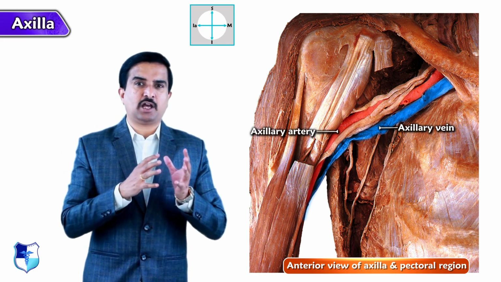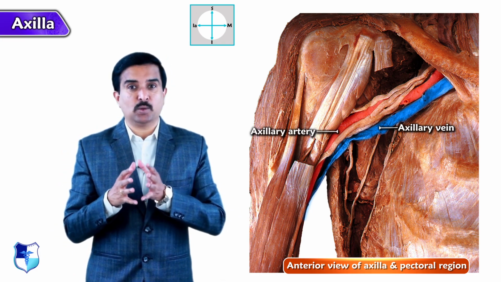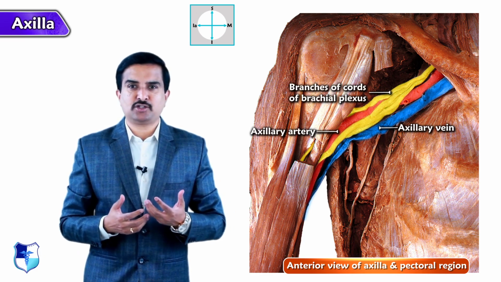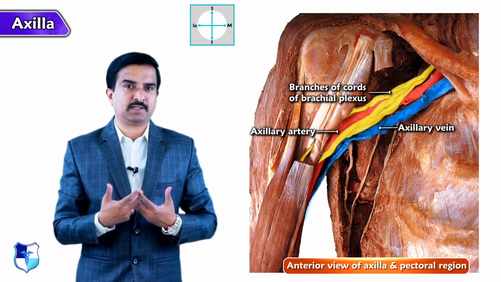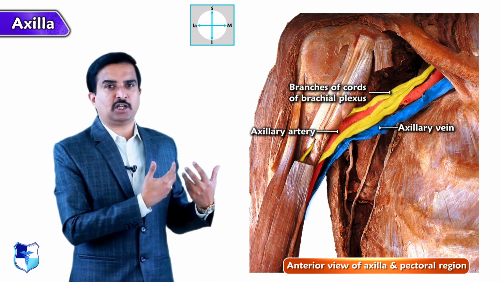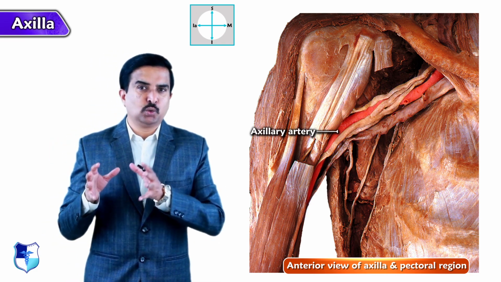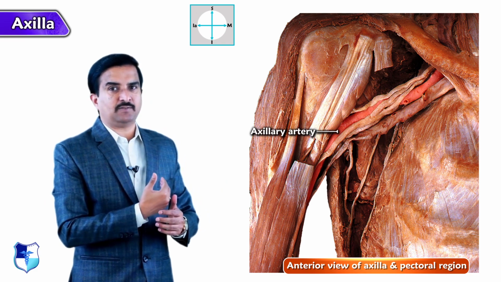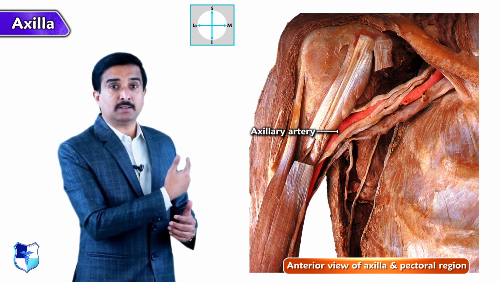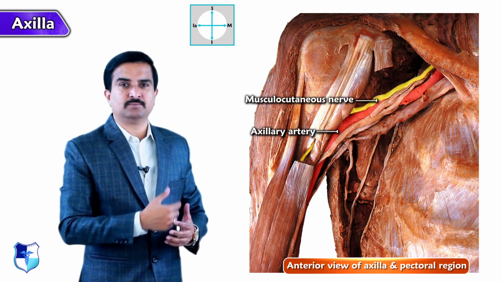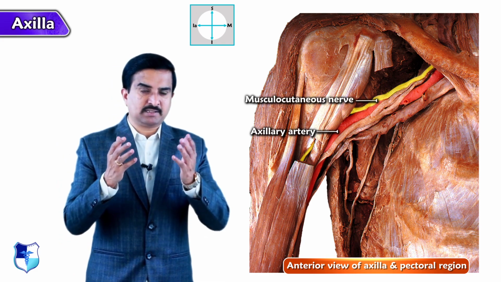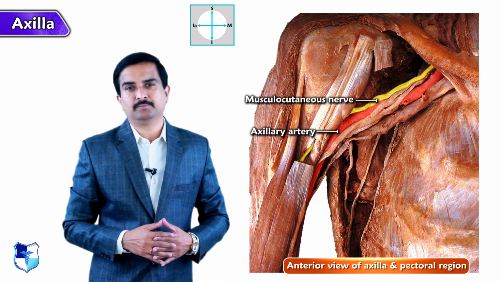The nerves which are associated with the axillary vessels are the branches of the cords of the brachial plexus, which can be appreciated well in this image. The nerve which runs towards the lateral aspect of the axillary artery is the musculocutaneous nerve, which supplies the muscles of the anterior compartment of the arm.